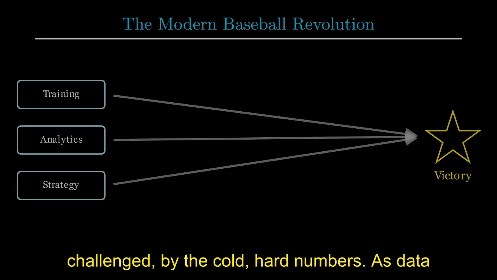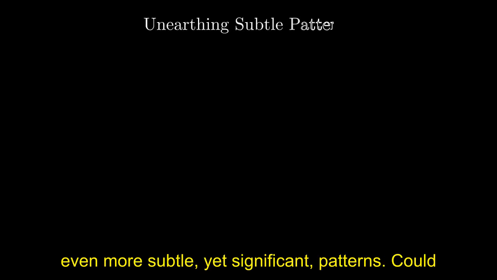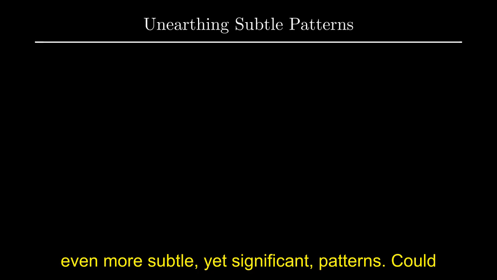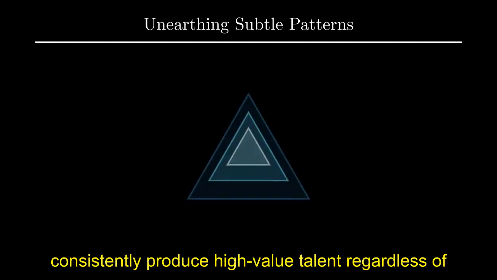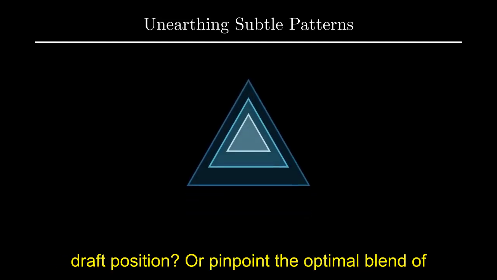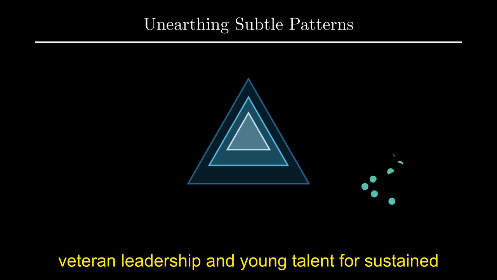As data analysis tools become more sophisticated, ANOVA will only grow in importance, allowing teams to unearth even more subtle, yet significant, patterns. Could it reveal which player development pipelines consistently produce high-value talent regardless of draft position? Or pinpoint the optimal blend of veteran leadership and young talent for sustained success?